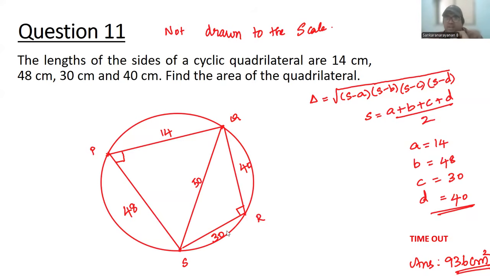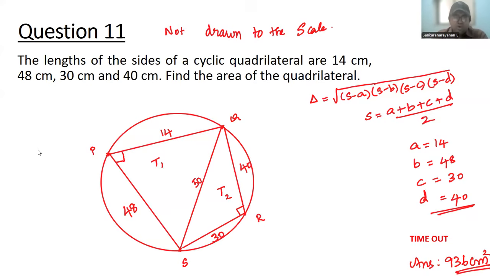If you're able to make it out quickly, then you can see that this cyclic quadrilateral is actually made up of two right angled triangles. So I can find out the area of this triangle T1, the area of this triangle T2, add them together, and you can get the result.